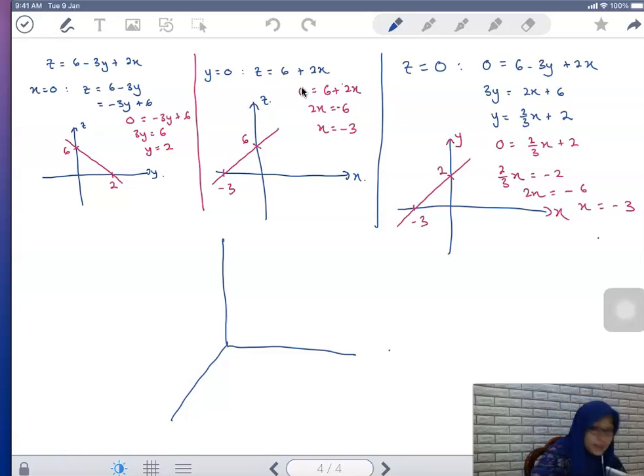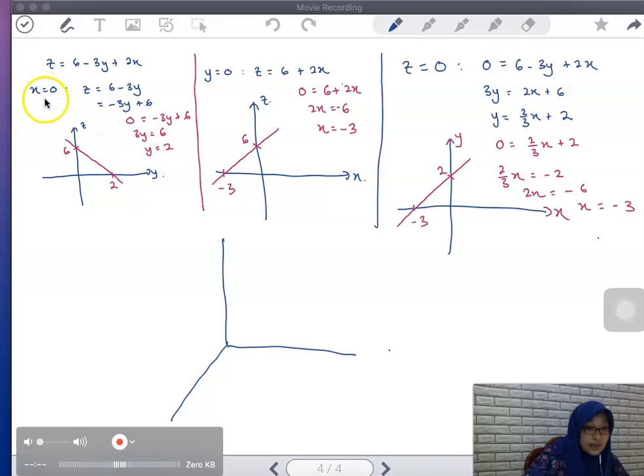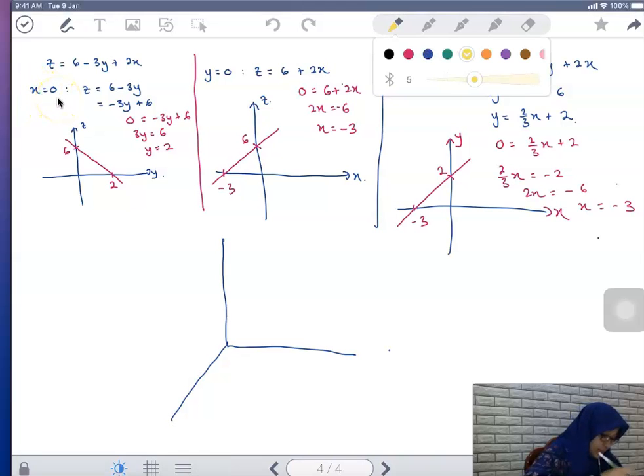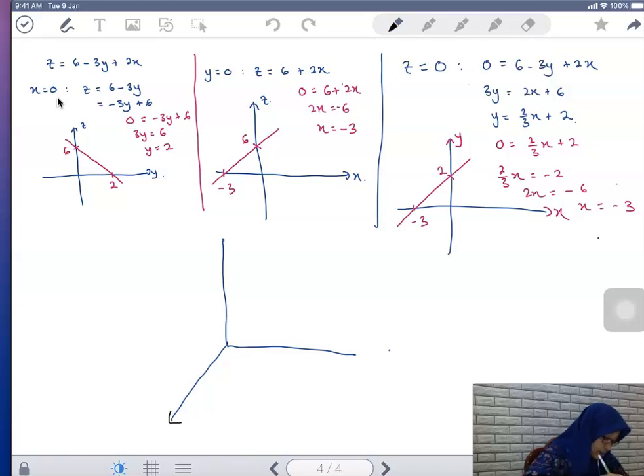For the first trace, we set x equal to 0, meaning that you are lying on the x plane. I put it in the standard form of the orientation.